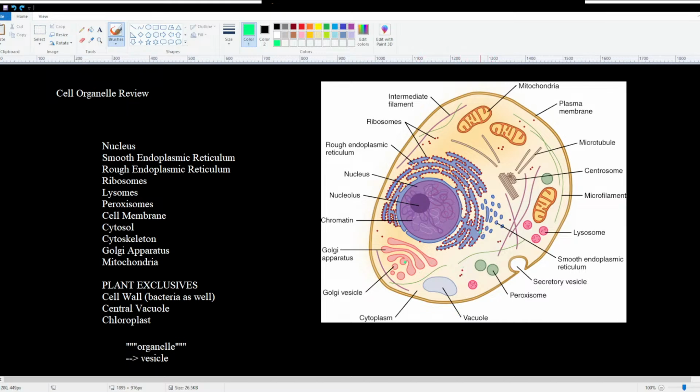So, what else do we have here? We have also the smooth ER. The rough ER is what makes the proteins, right? The only difference between the rough ER and the smooth ER is the presence of ribosomes. The ribosomes are actually what make the proteins themselves. DNA from the nucleus gets transcribed, and then it goes out to the ribosomes to get translated into a protein.